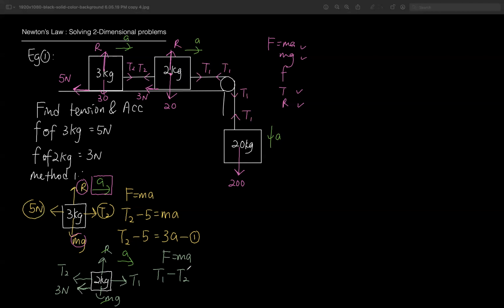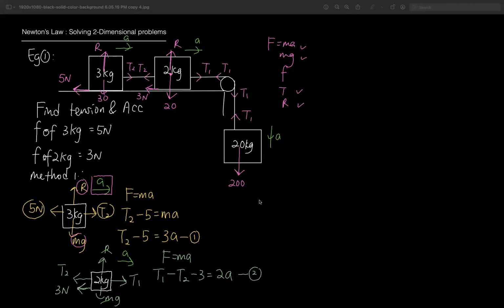So T1 minus T2 and minus the 3 Newton equals ma. But the mass, I just put 2 in, 2a. That becomes my equation number 2. Yeah, so T1 and T2, they are 2 different values because they are different strings.